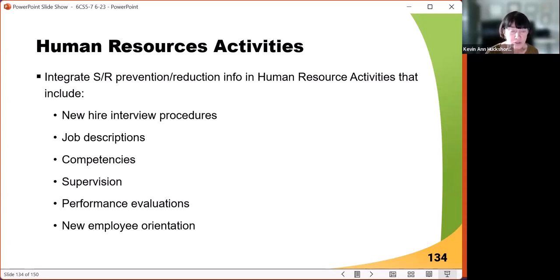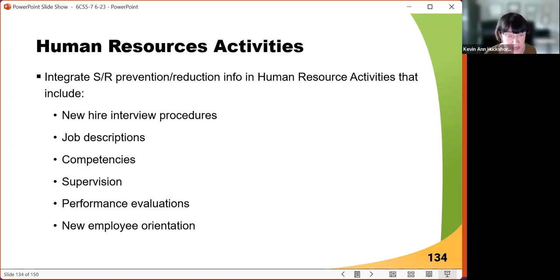That will include new hire interview procedures. So before someone even gets hired, how are we going to interview them, and how are we going to figure out if it's a good fit? Job descriptions, which are basically work contracts. And if it's not in the job description, you can't expect someone to do it.